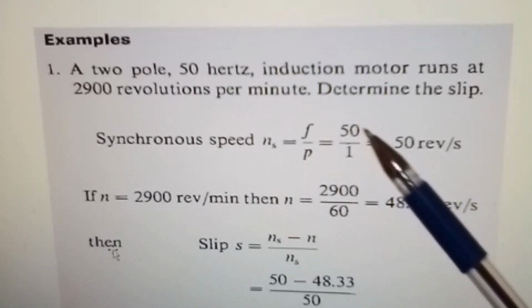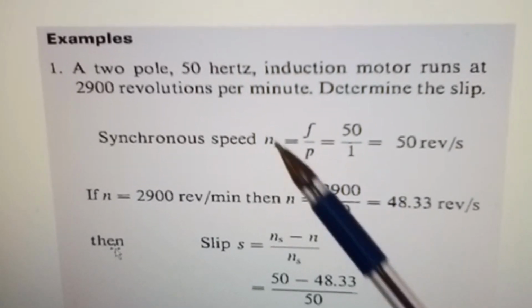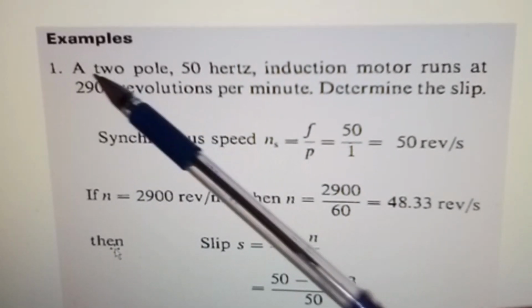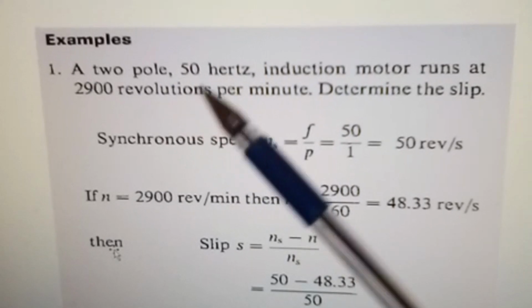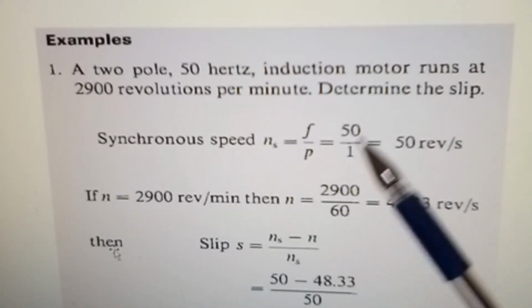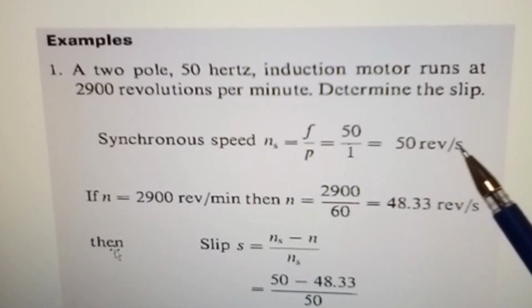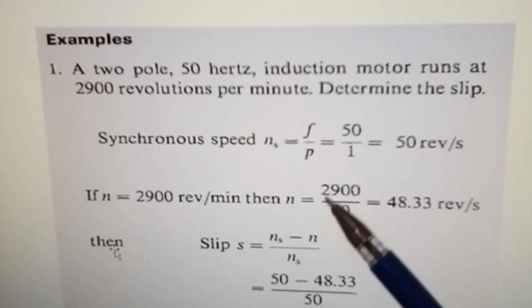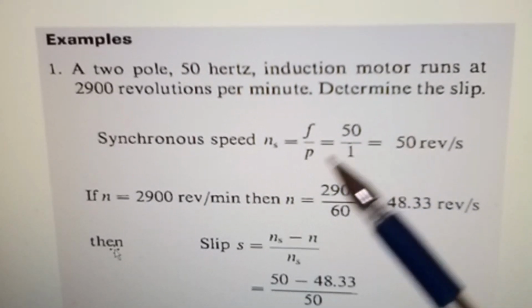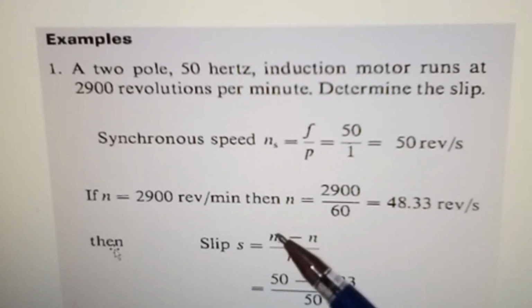Now remember, the reason why we have 1 is because it's pairs of poles. So it has 2 poles, so therefore it's 1 pair. So that figure there is 1. So therefore it will be 50 revs per second. If it was a 4-pole motor, then it would be 2, etc.